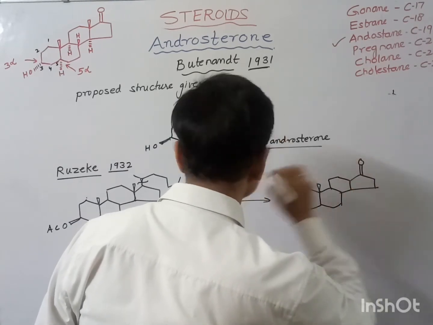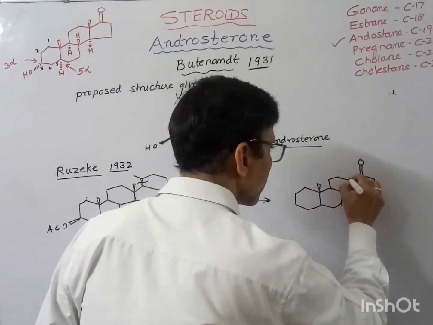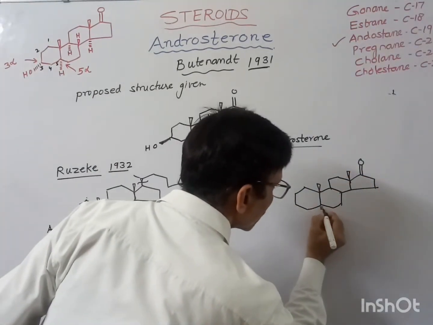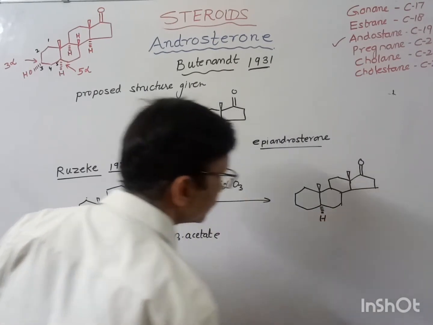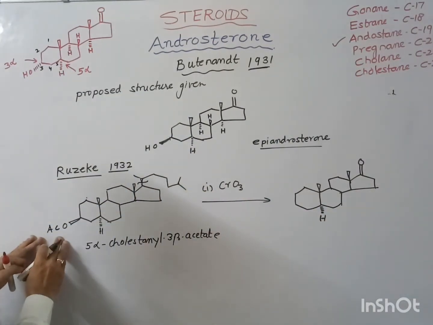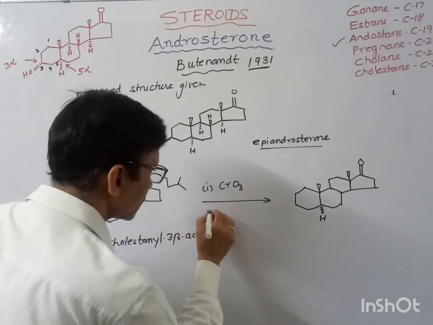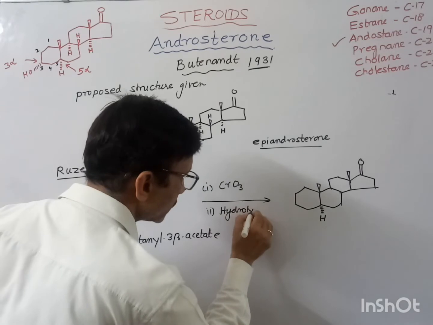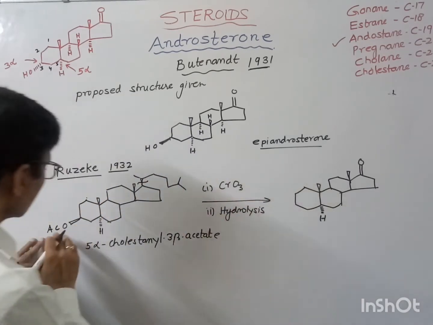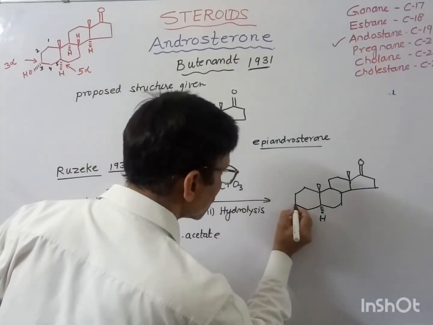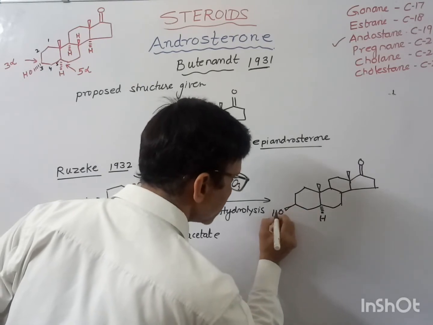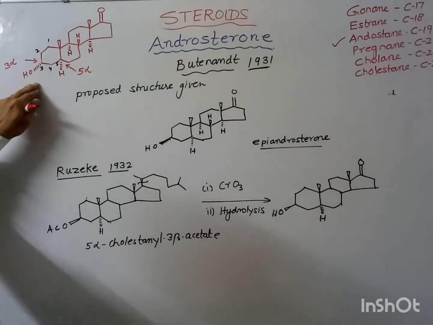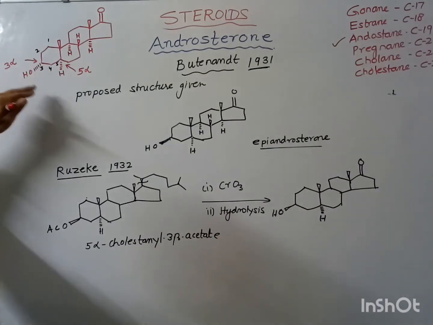So the 17th position has the keto group, the angular methyl groups are already present, and at the 5th position is the 5 alpha position. The acetate group is then hydrolyzed, so after hydrolysis it is converted into OH. Here this OH is above the plane, whereas in androsterone the OH is 3 alpha.